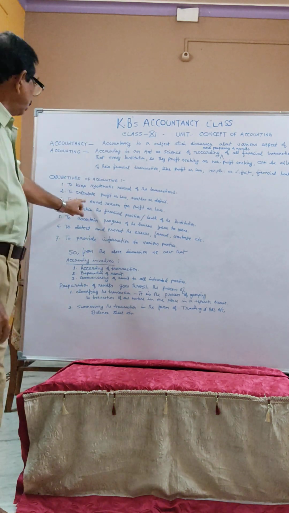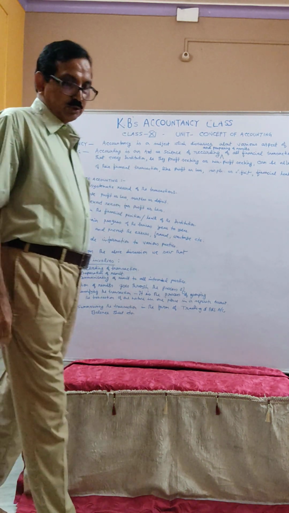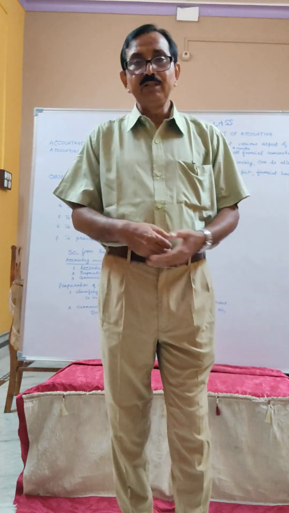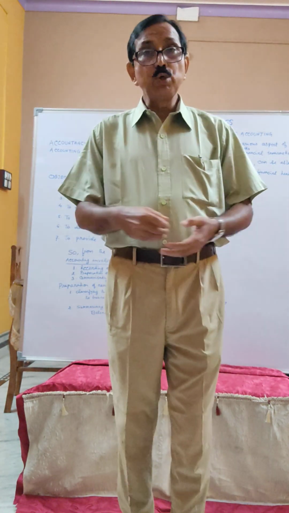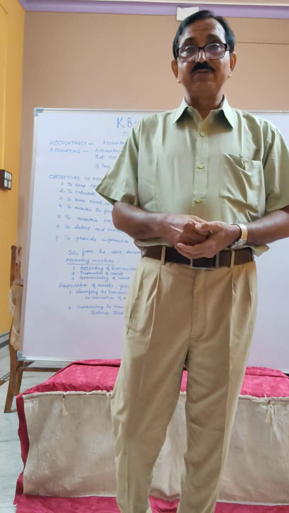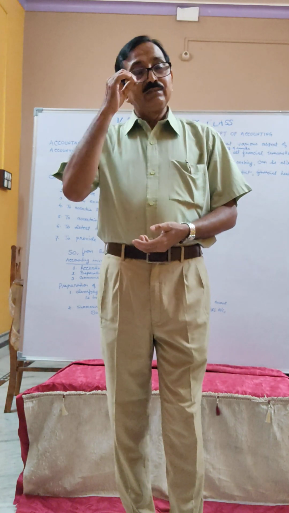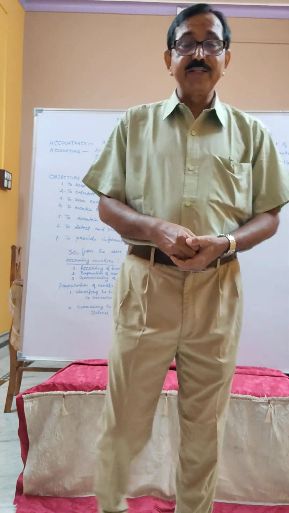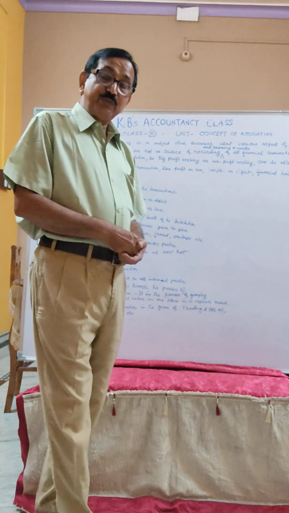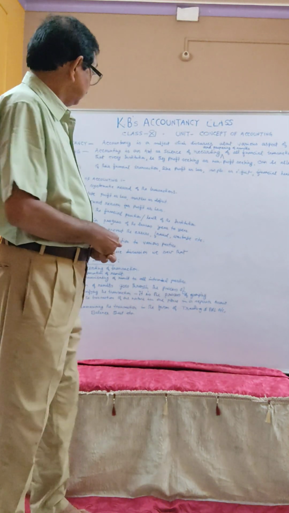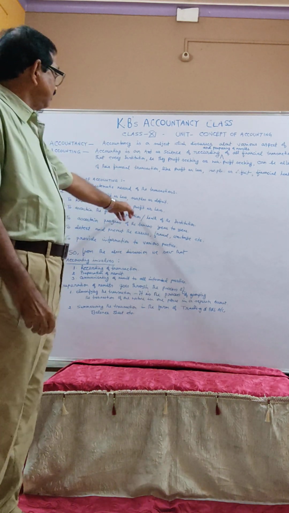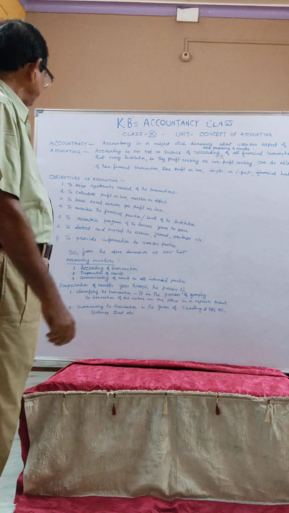Number three, to know the exact reason for profit or loss. Suppose we made a loss, then obviously we want to know why the loss occurred. There must be some wastage, there must be some pilferage, there must be some inefficiency on the part of the management. So if we keep accounting in the right way, we can easily know the exact reason for profit or loss.